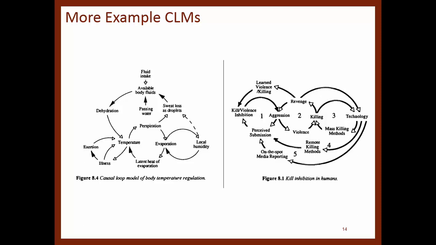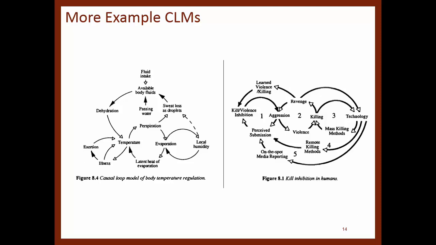As you can see, these models are also used not only in engineering, but for social science problems. This is the kill inhibition in humans. This is a major problem that is being exposed lately with video games and TV, so how people are getting more familiar with seeing violence. And this is what this Causal-Loop model is trying to represent.